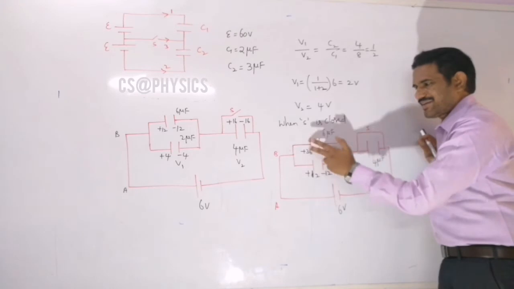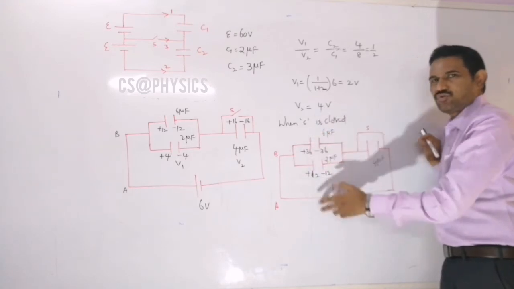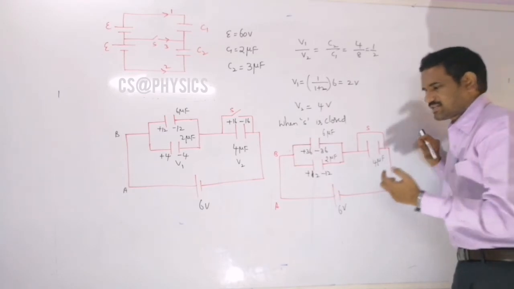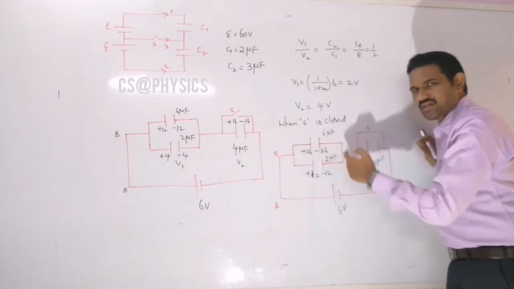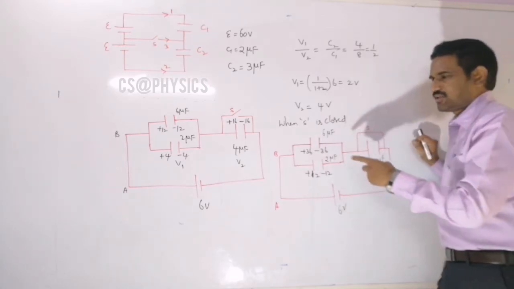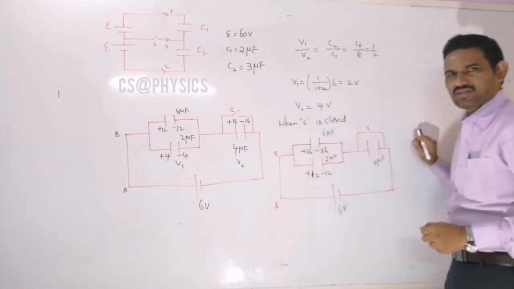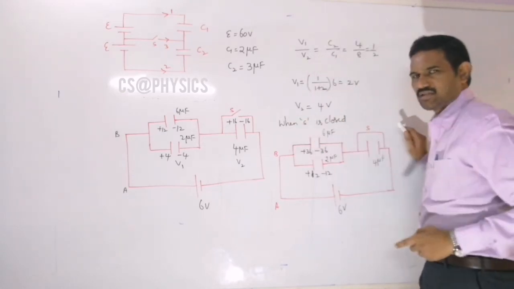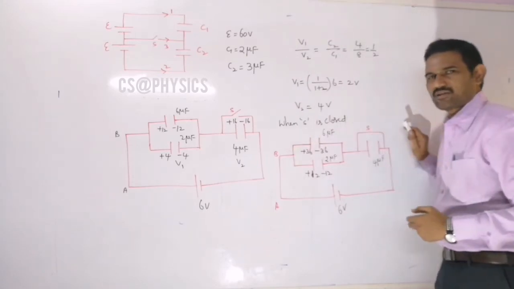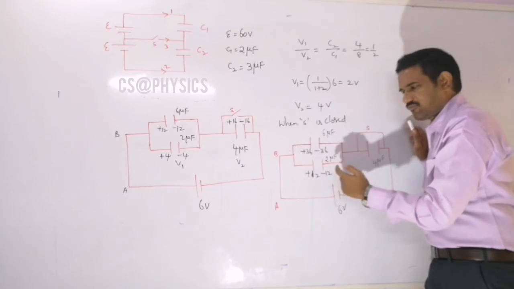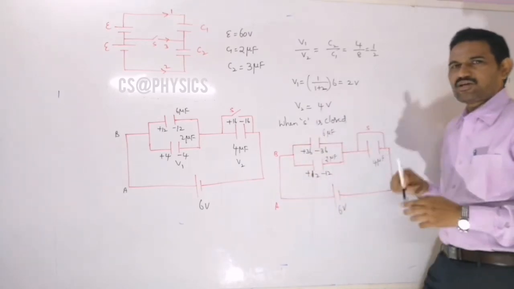So a total of 48 microcoulombs is stored on these capacitors. That indicates that definitely some additional amount of charge is flowing from the cell. That additional charge is the final charge minus the initial charge. Is it clear? The initial charge coming from this battery is only 16. The final charge coming from the battery is 48. The difference is the charge flowing from A to B.